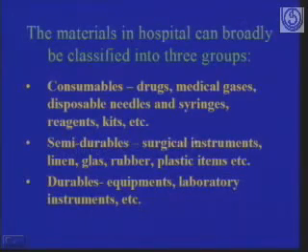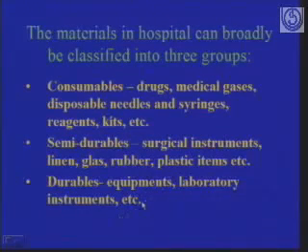These are the items we call semi-durable items, like surgical instruments, linen, glass, rubber and plastic items, etc. These are your rubber catheters, plastic cannulas, and surgical instruments, that is knife, scissors, forceps. These items can be used more than once, but for a very short period of time, and the main difference between these items and capital items is that these items cannot be repaired.